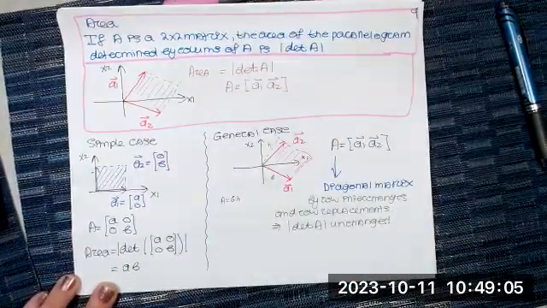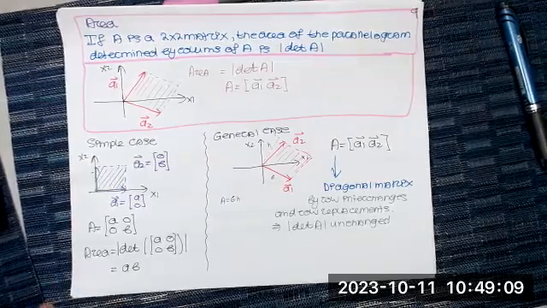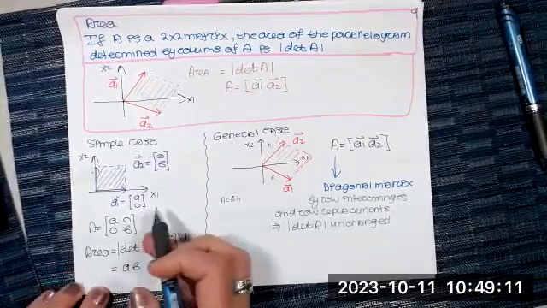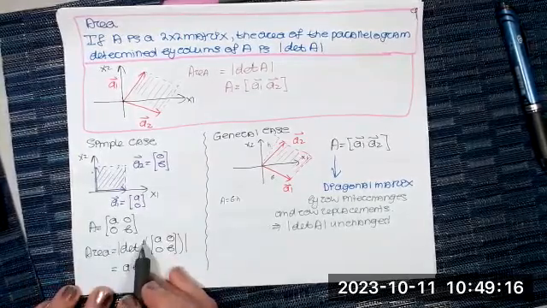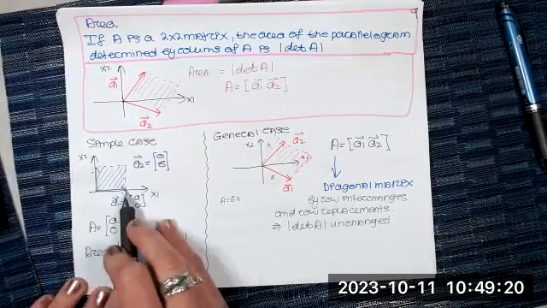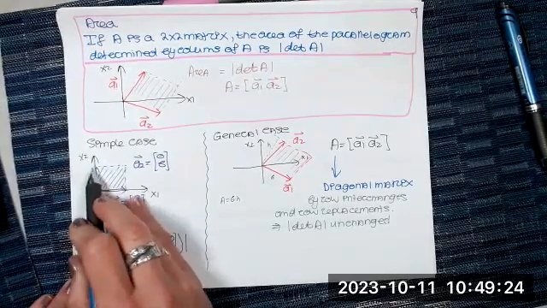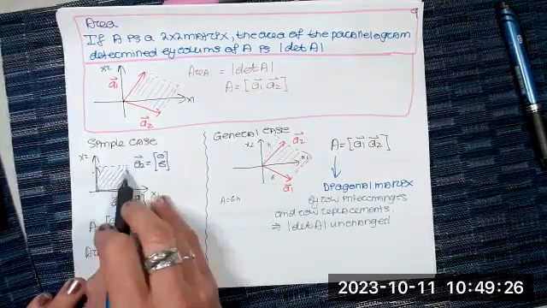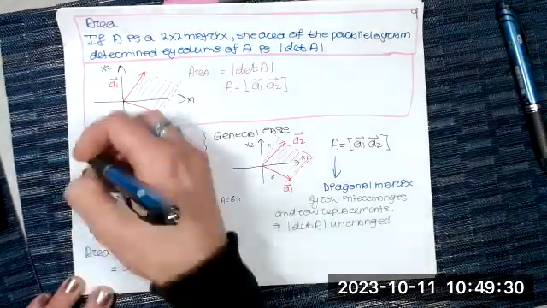For a very simple case, a square is also a parallelogram. The square would be defined by the columns of a diagonal matrix. If I take a1 with components a, 0, and a2 with components 0, b, this defines two sides of my rectangle, a side with length a and a side with length b.